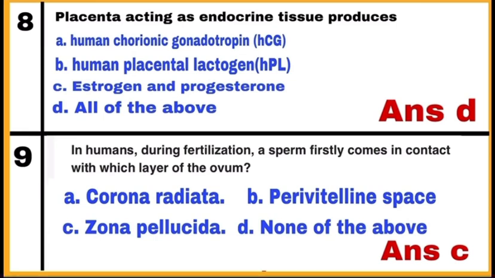Mark D as the correct answer. Question 9. In humans, during fertilization, a sperm comes in contact with which layer of the ovum? Sperm comes in contact with the zona pellucida of the ovum. So here mark C as the correct answer.